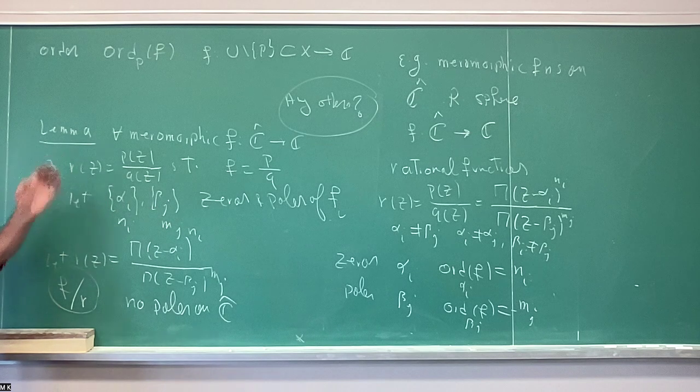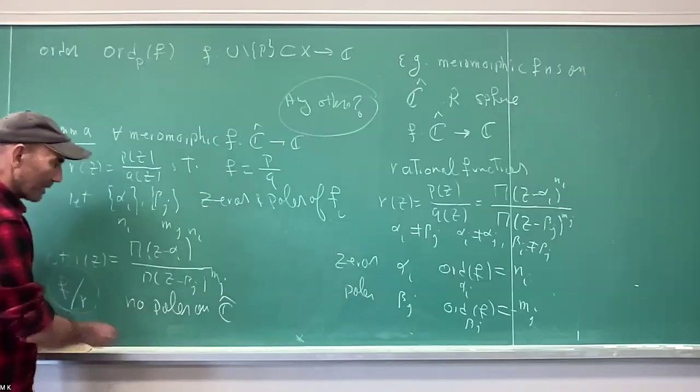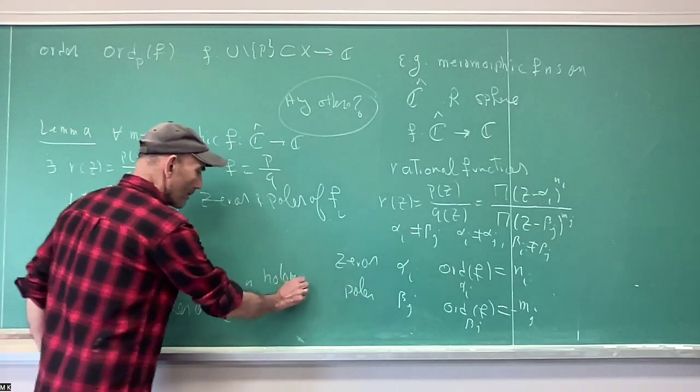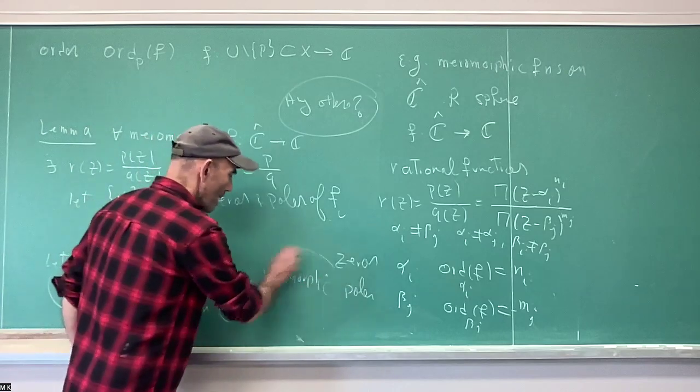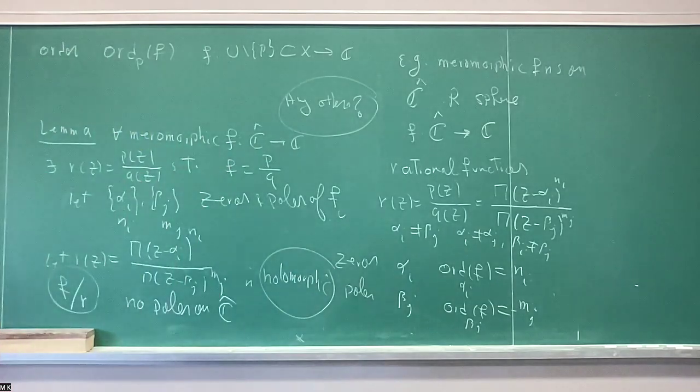So they cancel each other when you divide, right? So it has no poles on C. So this is holomorphic. Now, very soon I will prove that any holomorphic function on a compact Riemann surface is actually constant.